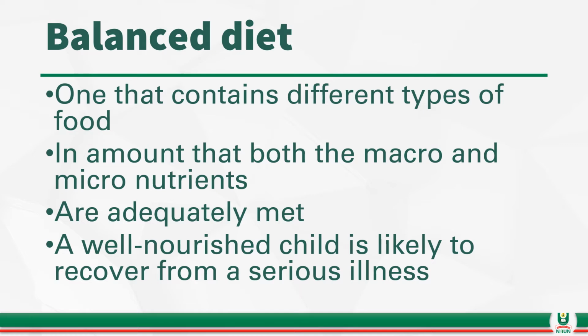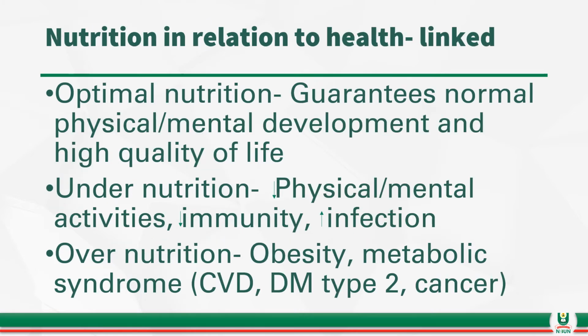I also want to state here that children who are well nourished are likely to recover from serious illness compared to those who are not well nourished. So that should also tell you the importance of nutrition in children and ill health. Nutrition and health are inextricably linked.